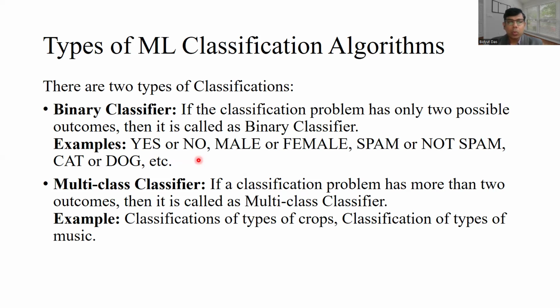Since there are only two categories, we say it is a binary classifier. If a classification problem has more than two outcomes, then it is called multi-class classification or a multi-class classifier. Classification of types of crops and classification of types of music are multi-class classification, and these are examples of binary classification.